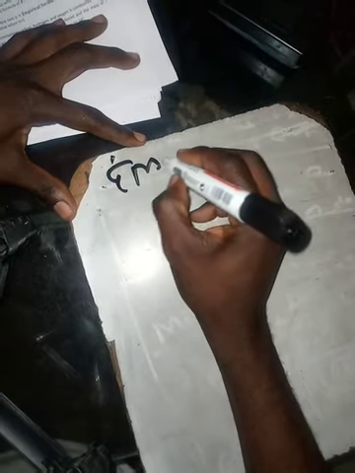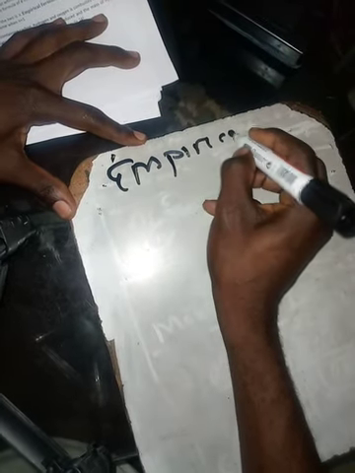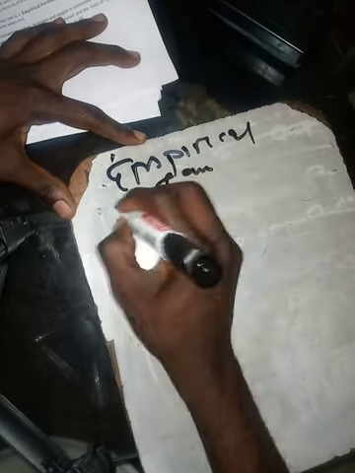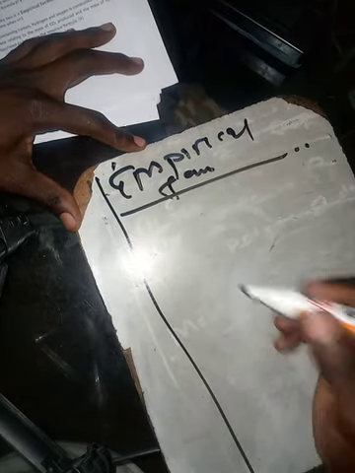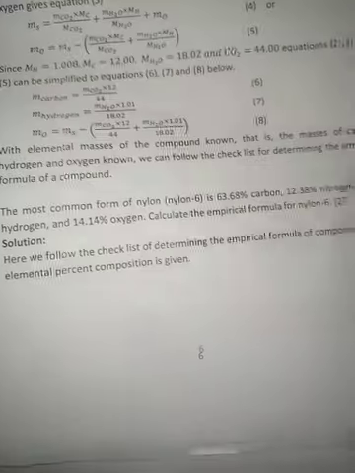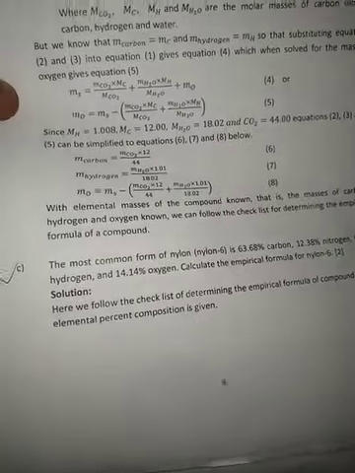Empirical formula. Okay. So for the empirical formula, if you've been given the situation, for example, here is the question. I'll bring it on the screen. Hope you guys can see it.